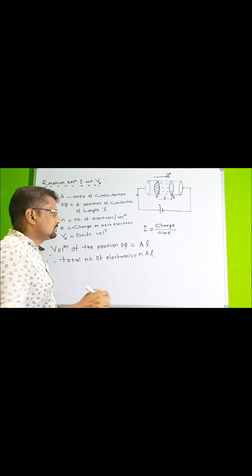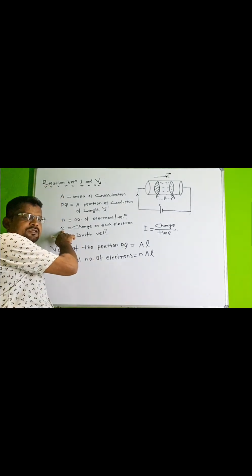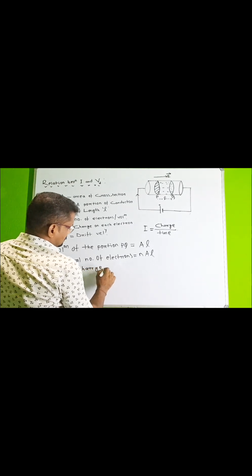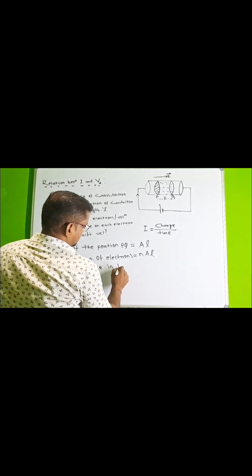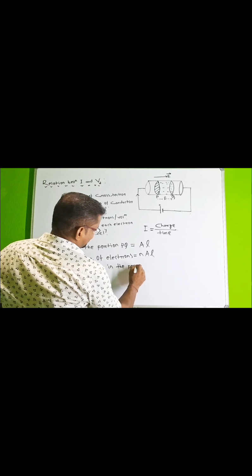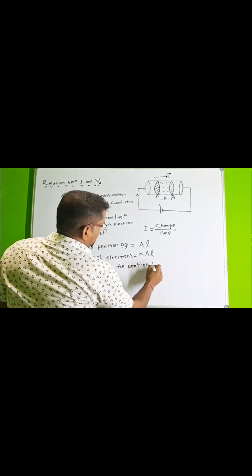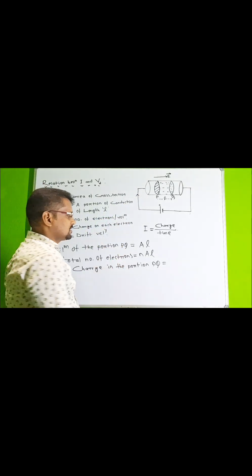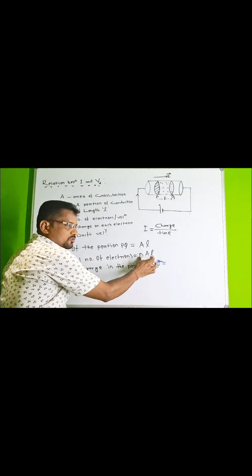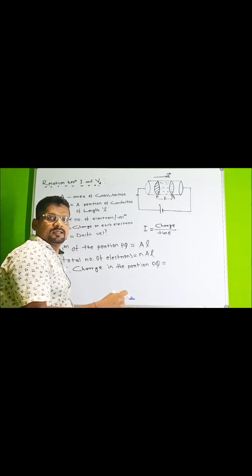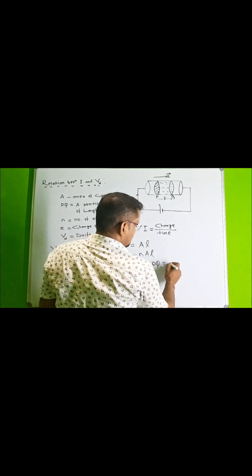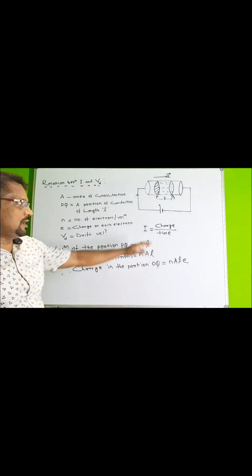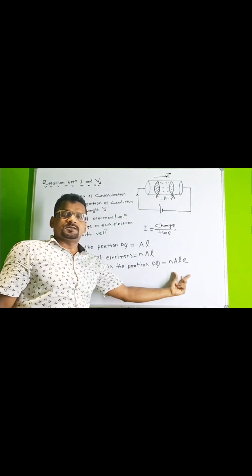The charge of one electron is denoted by e. Therefore, the charge in the portion PQ is the total number of electrons multiplied by the charge of one electron, that is nAL times e. So the total charge you have calculated.